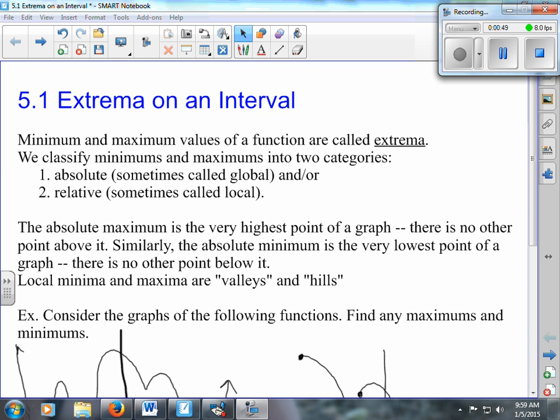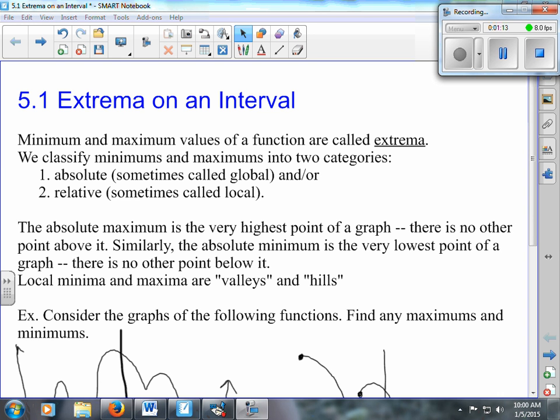It's kind of like the difference between the highest point in West Virginia and the highest point in the United States. So the highest point in West Virginia, which is Spruce Knob, I don't know, something. Okay, so the highest point in West Virginia would be a relative extrema.